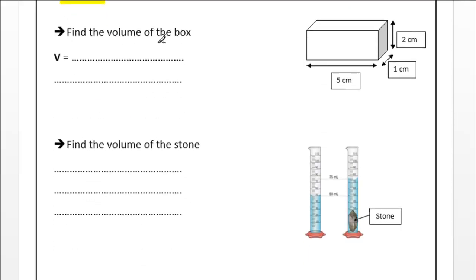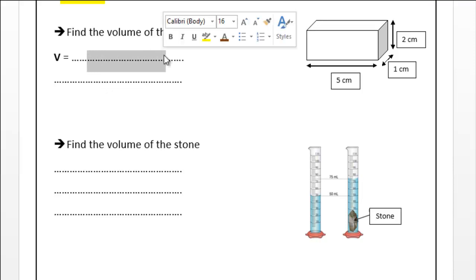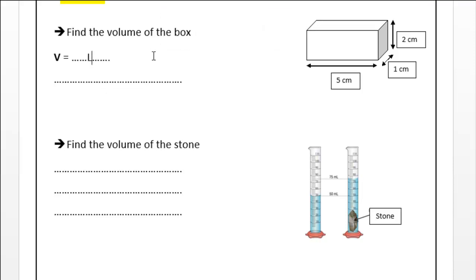Now, find the volume of the box. We have here the dimensions of the box: 3 cm, 1 cm, and 2 cm. I told you that the volume equals length times width times height.